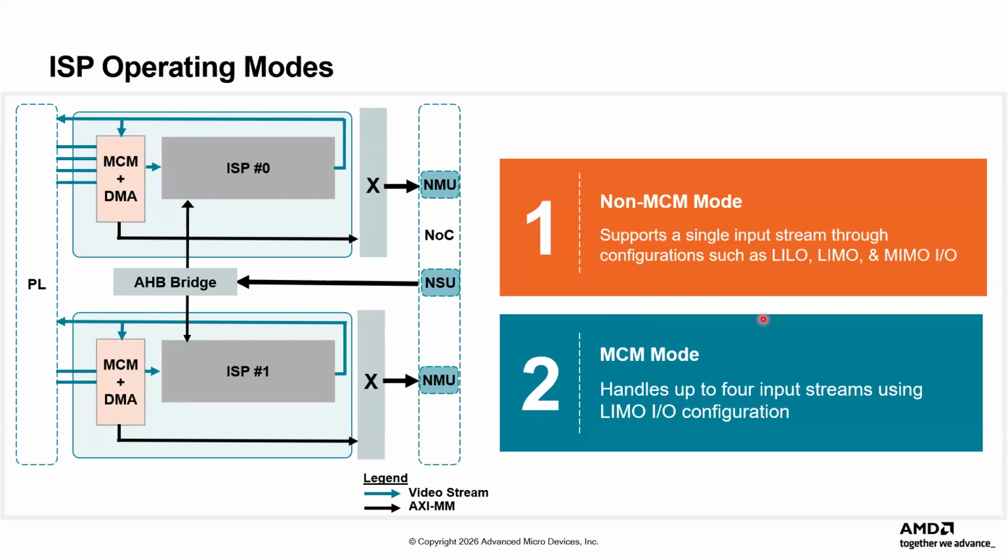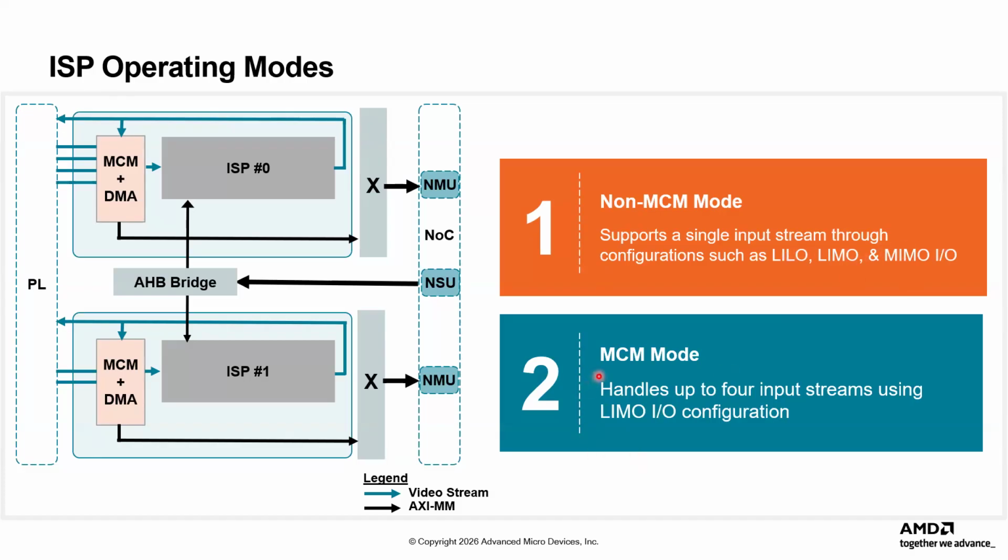I could also do live video input and memory on output, so I can take that live video, process it here, and write the results to memory. I could also use this in a situation where I'm reading from memory and writing back to memory: I pull the data from memory, process it, and write it back into memory. So these are the 3 different ways I can do this.